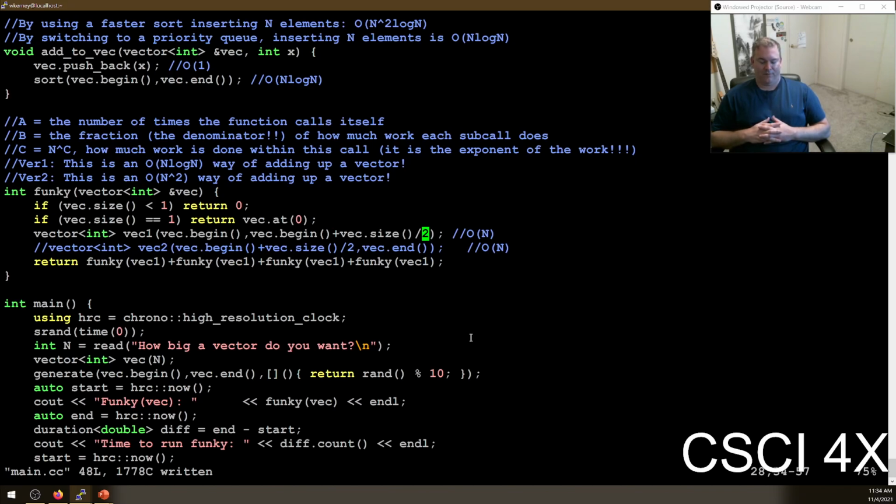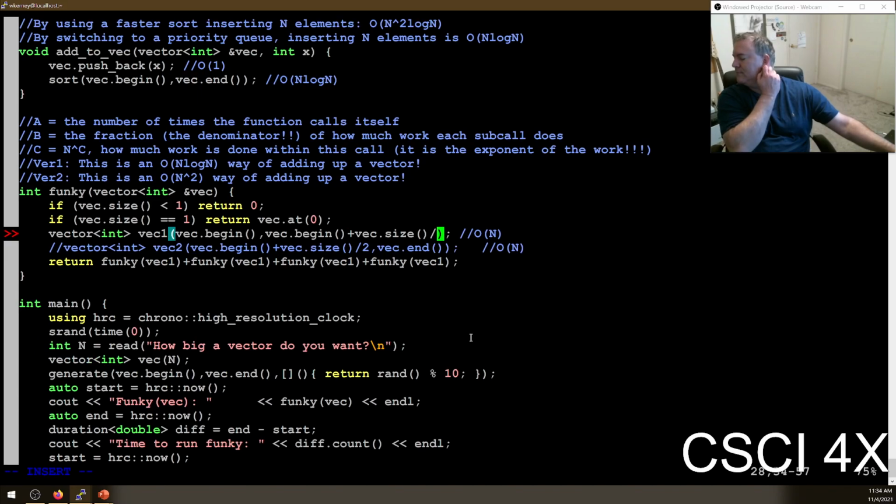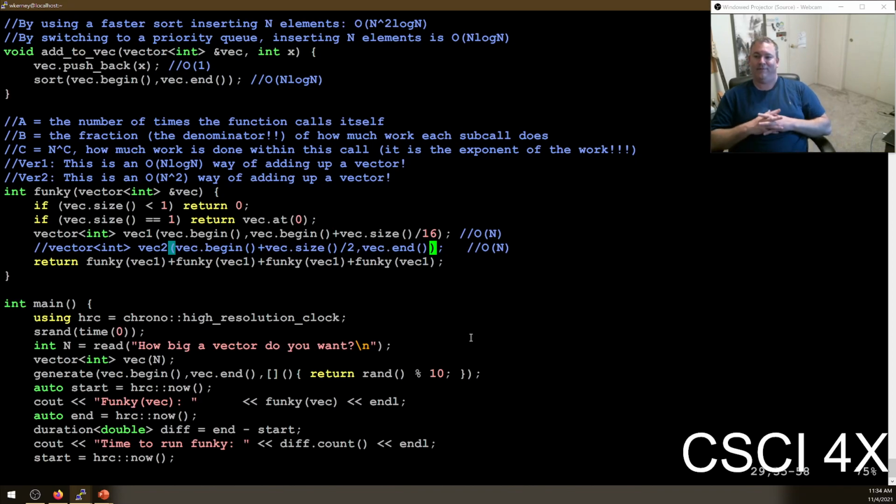It is, in fact, an order n squared algorithm now. What about now? Make the math easy. Make the math easier on you.